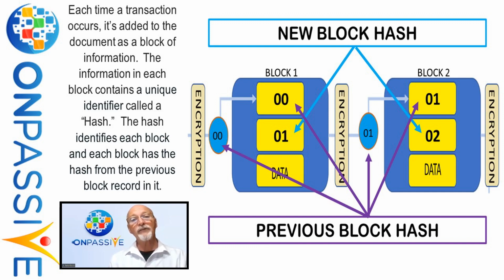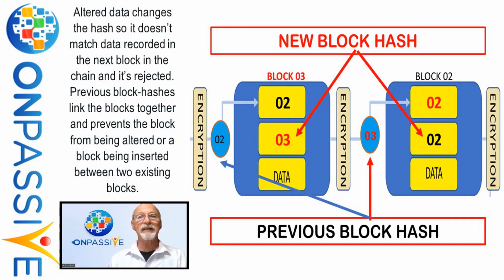But each block of information also contains what's called a hash. Now, a hash is a digital fingerprint or a unique identifier used for each block. Each block contains a hash, time-stamped batches of recent valid transactions, and the hash of the previous block. That's important because of security, okay?